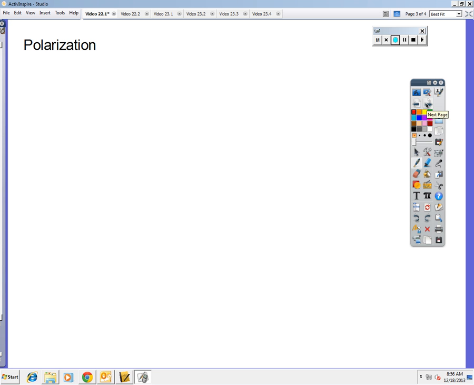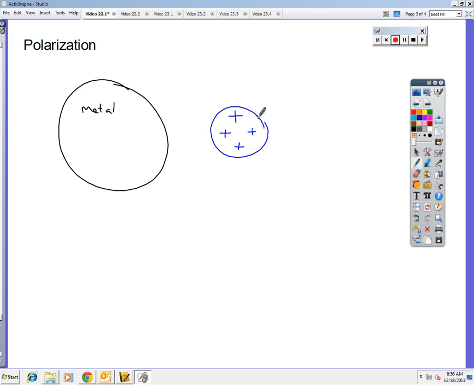And another feature of conductors is something called polarization. Like, for instance, let's say that we have a metal sphere, so it's a conductor, and it's neutral, it has no excess charge. Let's say we put some other positively charged object nearby it, but not touching it.